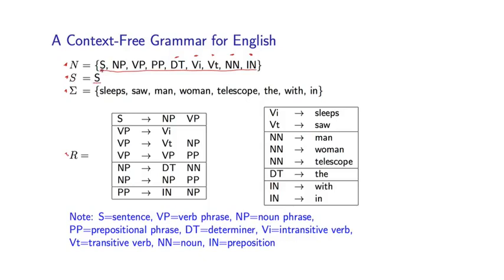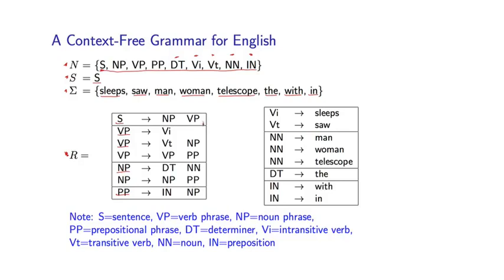Okay? And then finally, we have a set of words in the language. So sigma might consist of the following set of words. So we have a very small vocabulary here. A realistic grammar would have a much, much larger vocabulary. And finally, we have a set of rules, okay? So here are the rules in this particular example grammar, and as I said, on the left-hand side of the rule, I always see a non-terminal, for example, S, VP, or NP, or PP, and so on.